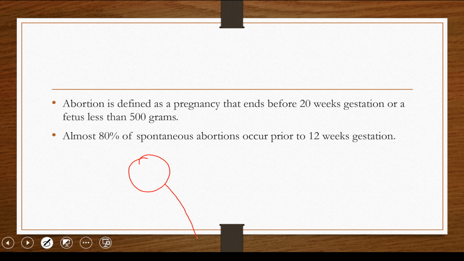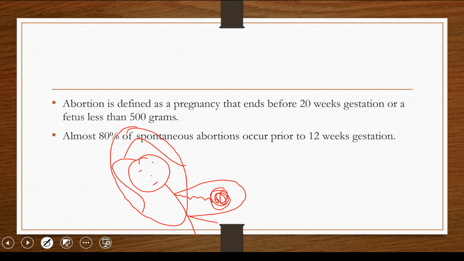Imagine this is a young female. She is pregnant. This is her fetus, and this is the placenta. The etiologies may include maternal factors, fetal factors, and placental factors. Let's study one by one.